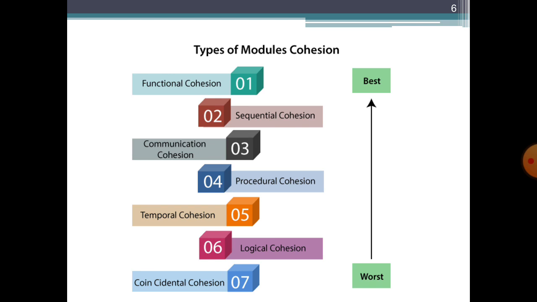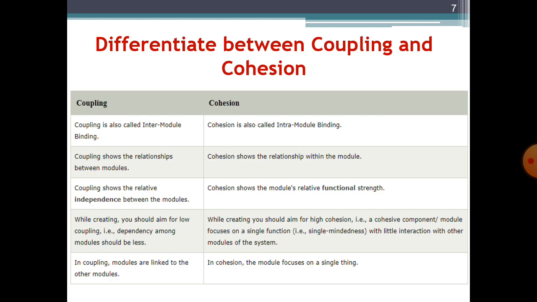The closer you are to functional cohesion, the better the level of cohesion, and the closer you are to coincidental cohesion, the worse. So you should try in your code to achieve a high level of cohesion and a minimum level of coupling. So this is all about cohesion and coupling.